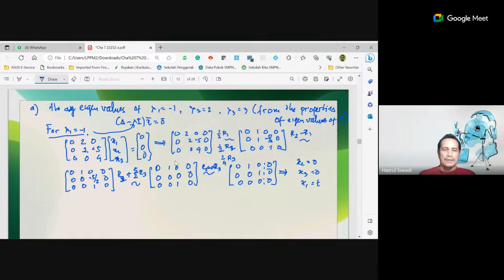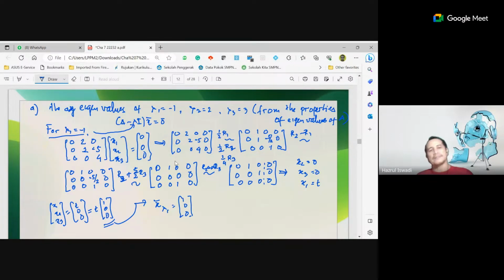So we get that x1, x2, and x3 will be t, 0, 0, and extracting t, we have 1, 0, 0, and this is the eigenvector. The eigenvector related to lambda 1 is equal to (1, 0, 0).